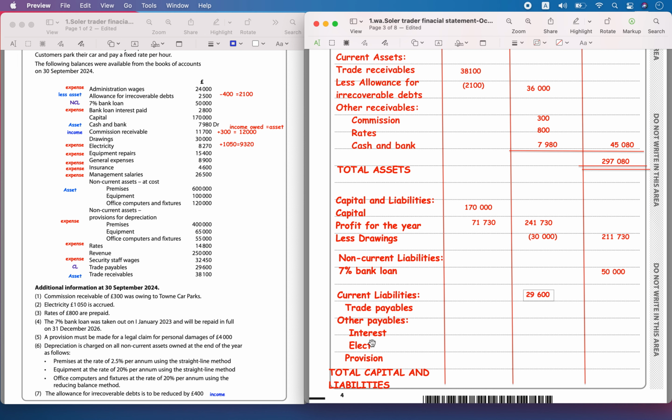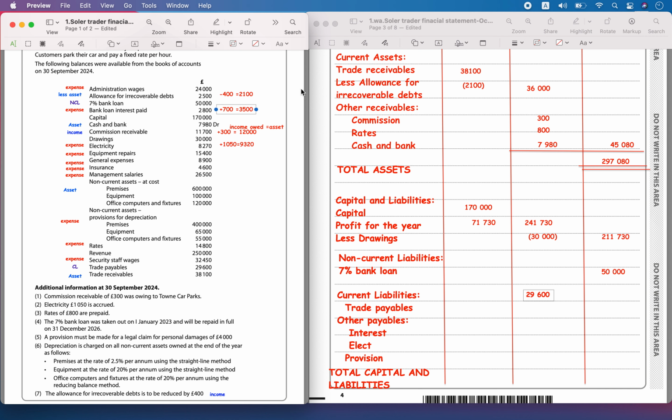Then plus other payables, which are bank loan interest. Here it was supposed to be 2,700 plus 700 more, that was equal to 3,500.